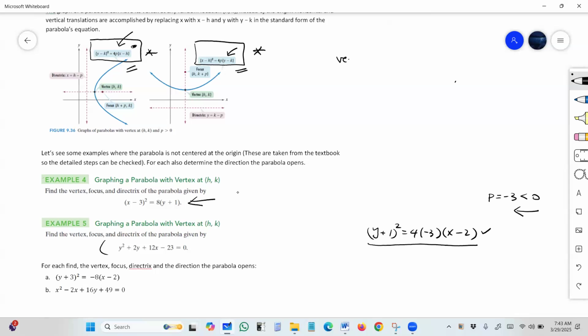Now I have to find the vertex. And you already know the vertex is going to have coordinates x and y. And it's the opposite value of the x coordinate. So if it's -2, +2, and it's the opposite coordinate of the y, +1, -1. So here's my vertex.